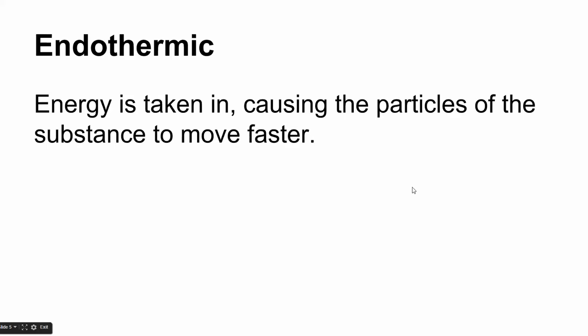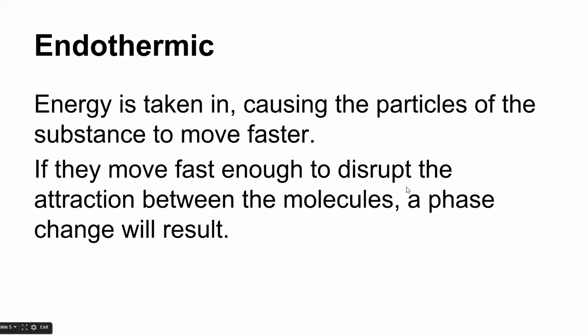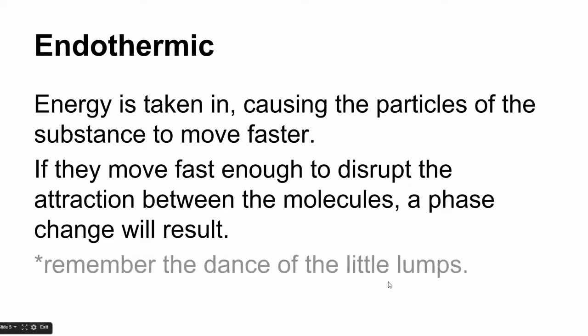Just so you get this written down, energy is taken in and it causes the substances to move faster. If they move fast enough to disrupt the attraction between the molecules, a phase change will result. The dance of the little lumps was the perfect example of this.